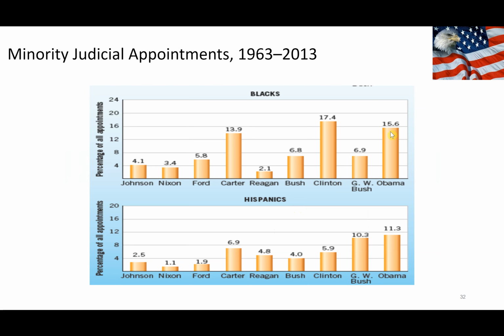It's the same case with minorities. Generally speaking, the Democrats tend to have a higher percentage of appointments who are minorities. Interestingly, Clinton had a higher percentage of appointments being black than, say, Obama.